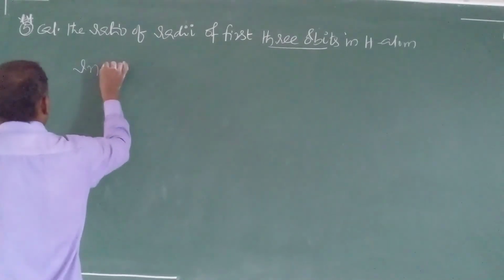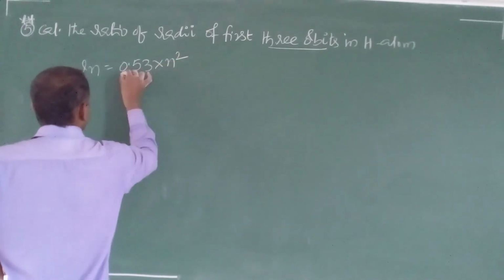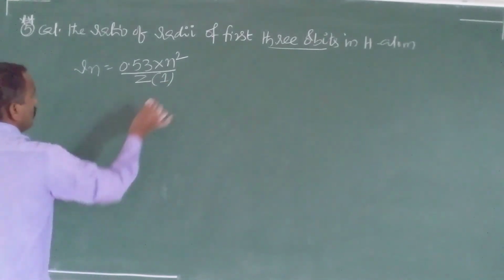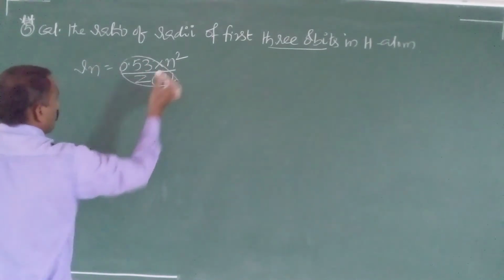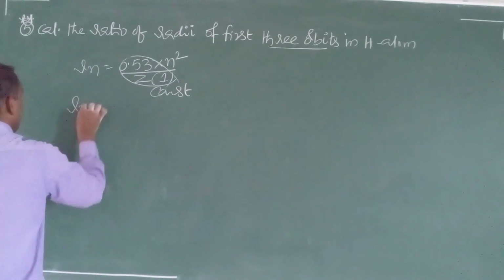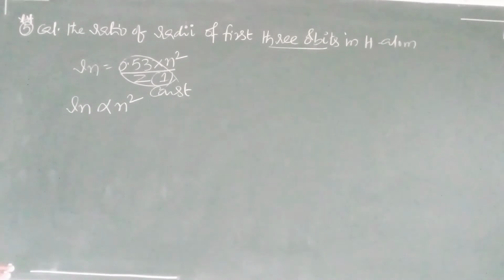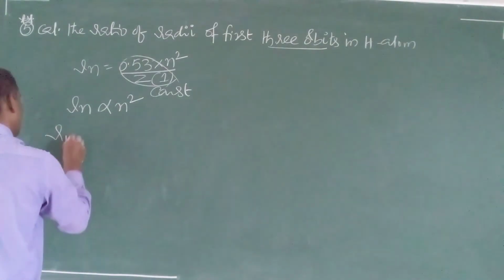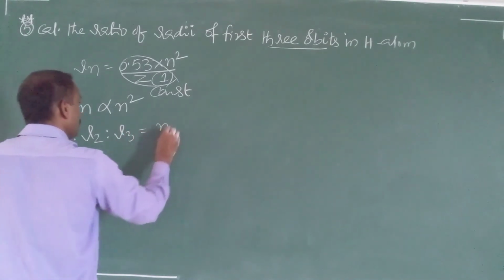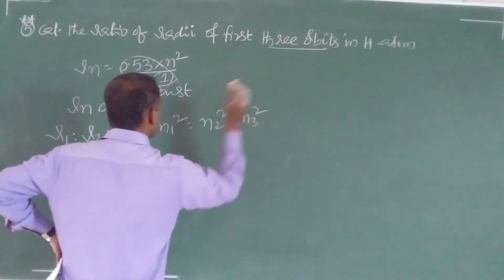Basic formula? Rn equal to 0.53 into n square by z. Anyhow for hydrogen z value 1. 0.53 by 1 is constant value. Therefore, radius directly proportional to n square. First three orbits they are asking. Therefore, r1 is to r2 is to r3 equal to n1 square is to n2 square is to n3 square.